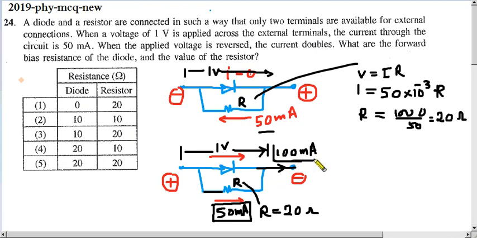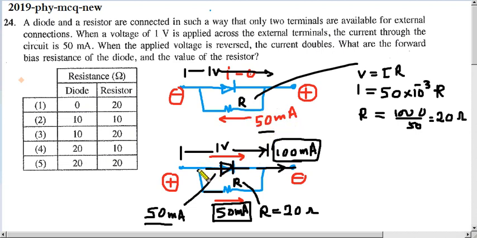Then the total current is 100. Who helps to pass the other 50? It must be this diode. So through the diode the current must be the other 50 milliampere. 50 plus 50 is 100, okay. So the current through the diode must be 50 milliampere, the same as the resistor.